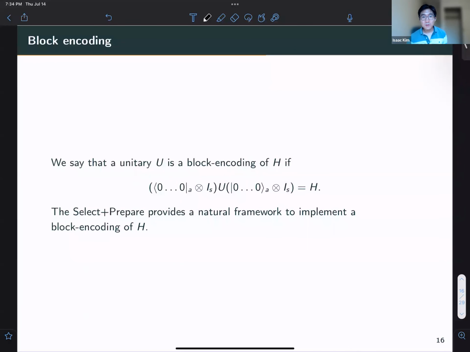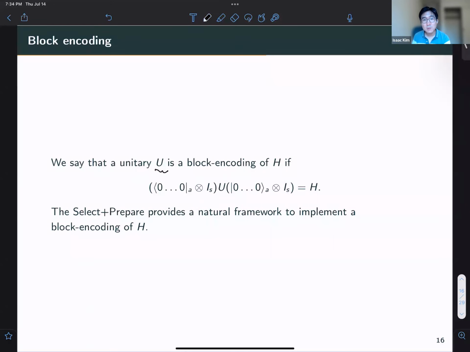And that's a very important thing because this is what people call the block encoding of the Hamiltonian. So we say that a unitary U is a block encoding of a Hamiltonian if we take the inner product on both sides by some state, let's say 0 and 0 here, then what you end up having is the Hamiltonian H.